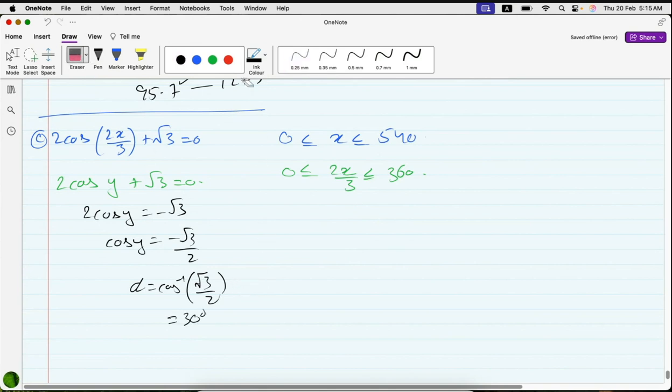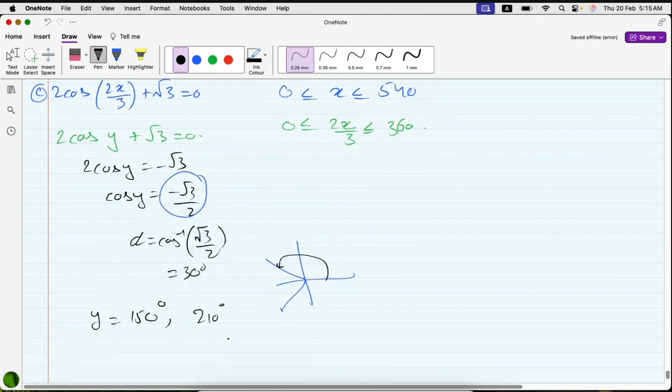Basic angle is 30 degrees, solving from 0 to 360, and we knew that it was negative and that's cos. It has to be in these two quadrants. So first one, because of this 30, is 150, and the second one is 180 plus 30, that's 210.